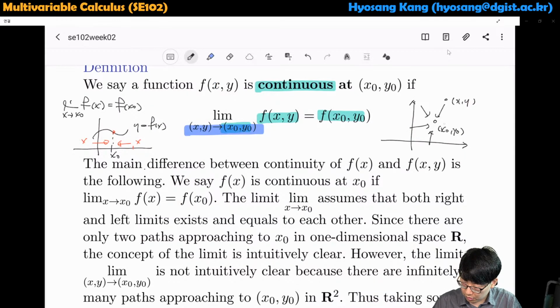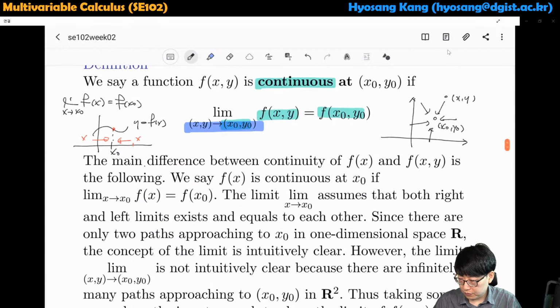There are infinite directions, right? Because you can take any starting point. And not only does the direction matter, the path also matters.